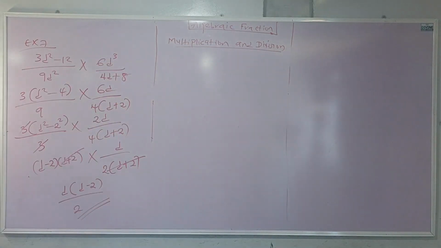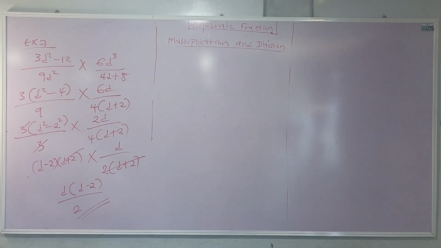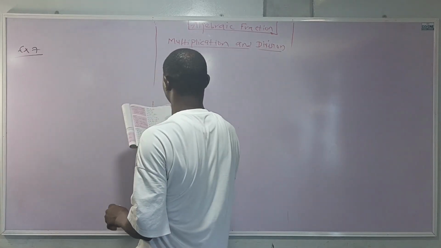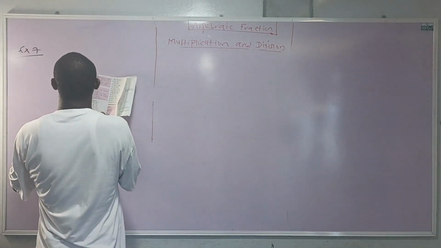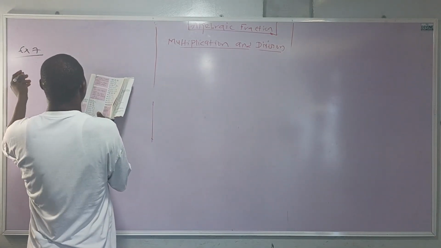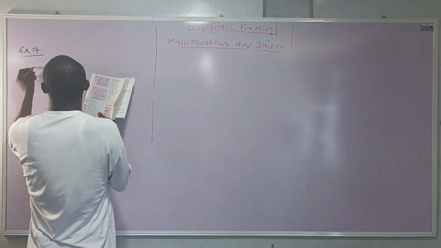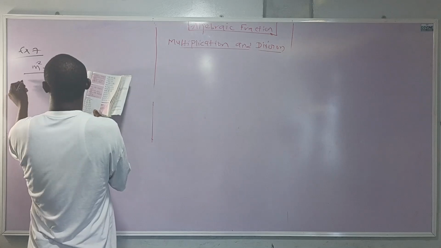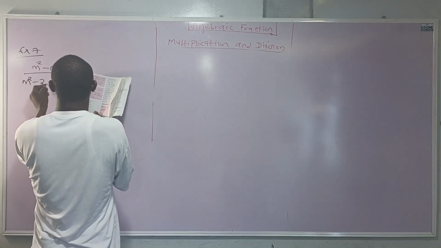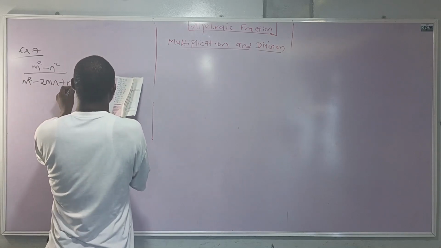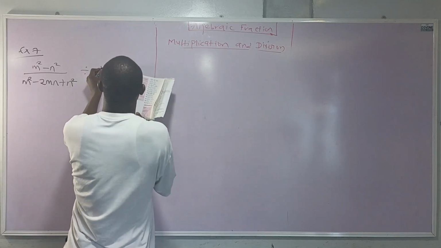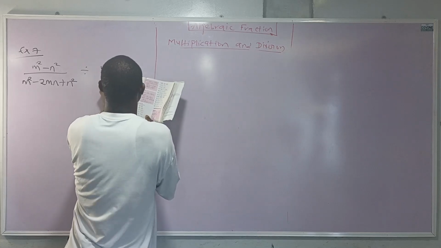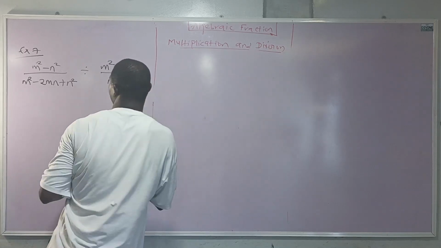Our next example 7. Example 7, we have (m squared minus n squared) all over (m squared minus 2mn plus n squared), divided by (m squared plus mn) all over (n squared minus mn).